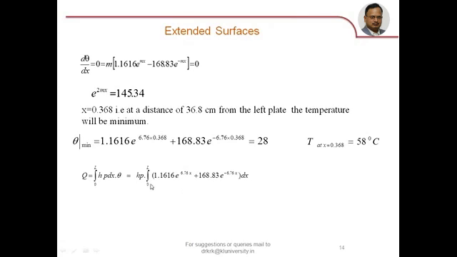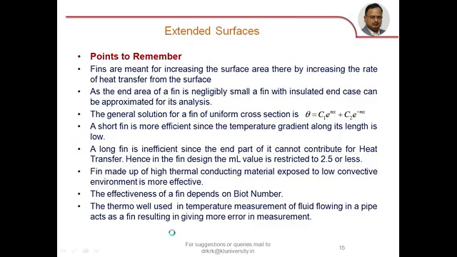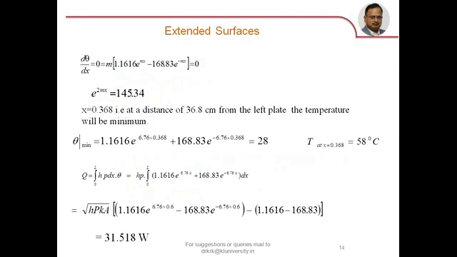You know the h value, we know the perimeter, and we know the integration limits 0 to L. By integrating it, you will get Q equal to root of hPkA etc., and that amounts to 31.518 watts.